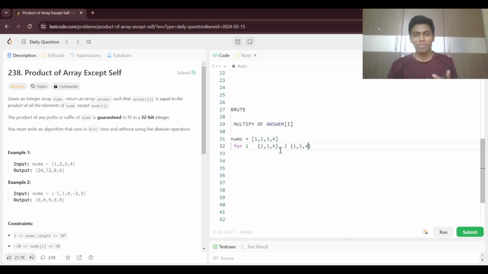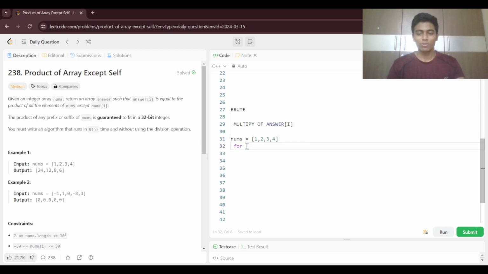So if we see this particular loop, we are going to consider each index for the element present in the array, and then we are going to traverse all the elements except this particular element, multiply the answer, and then store the answer.